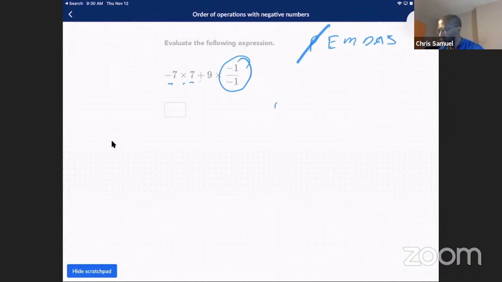Okay, so we don't have any exponents. We're going to do the multiplication first. So we have the multiplication right here. A negative times a positive will always give you a negative. So this will be -49. And then we say plus 9.